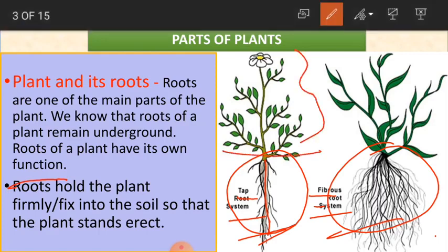This part is above the soil, and this part is under the soil. Because of this root, the stem, the branches and everything of this plant is able to stand straight. Erect is nothing but straight, above the ground. Why? Because of these roots. So roots hold the plant firmly, strongly, or fix it into the soil so that the plant stands straight.